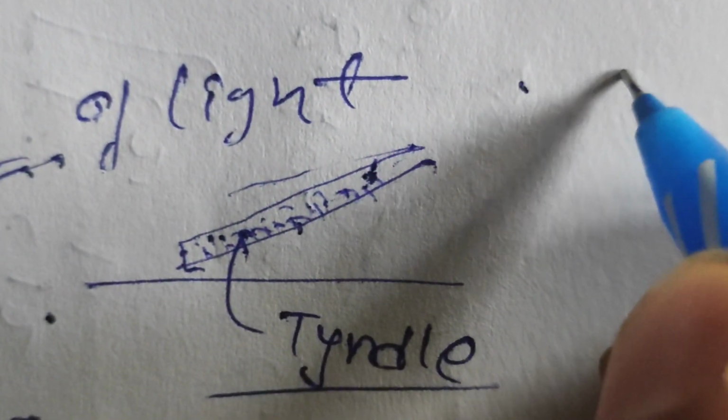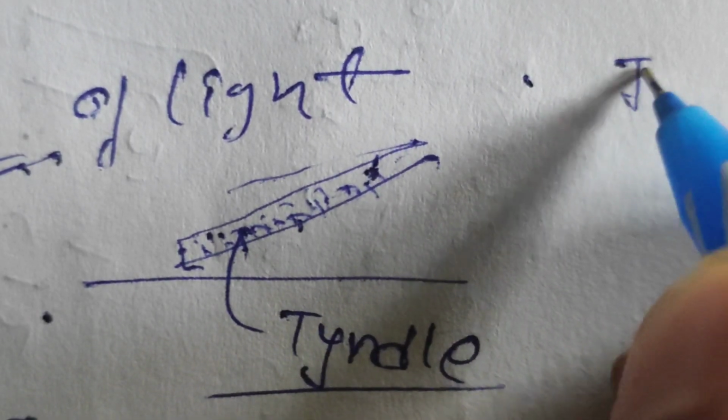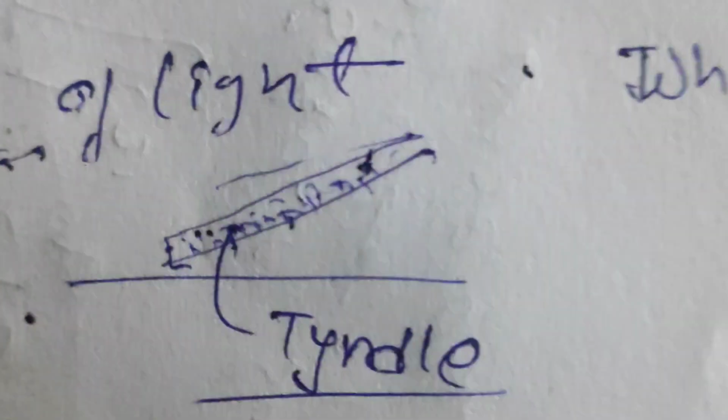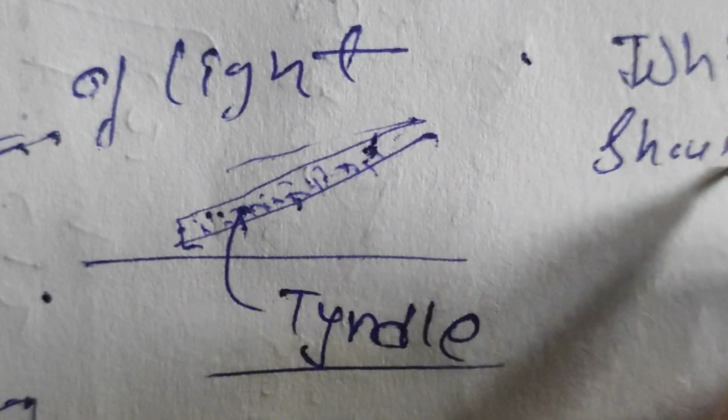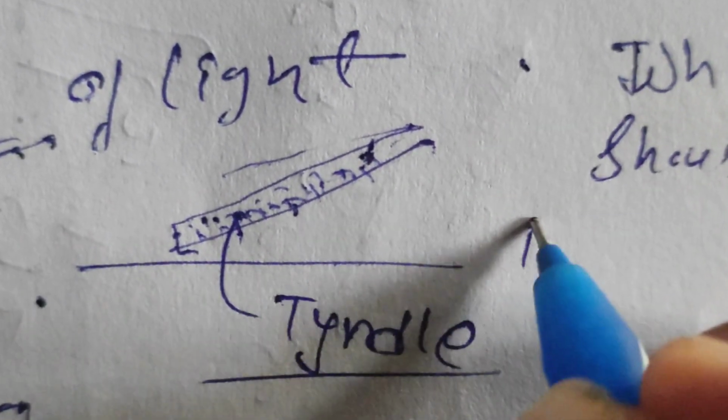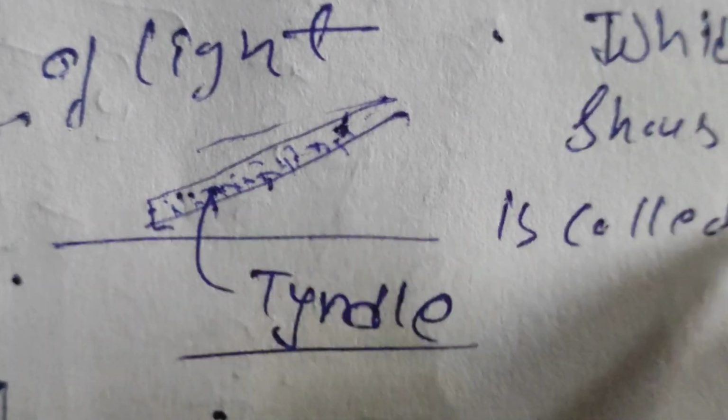So overall, note that the Tyndall effect is the scattering of light, which shows the beam, called the Tyndall beam.